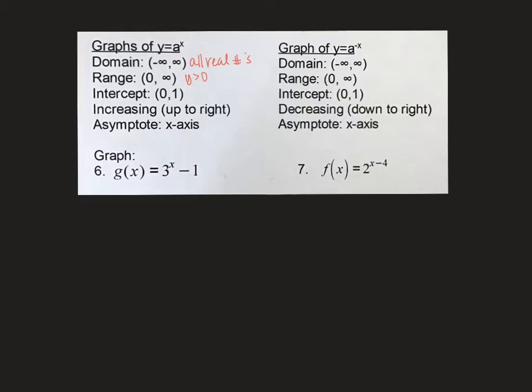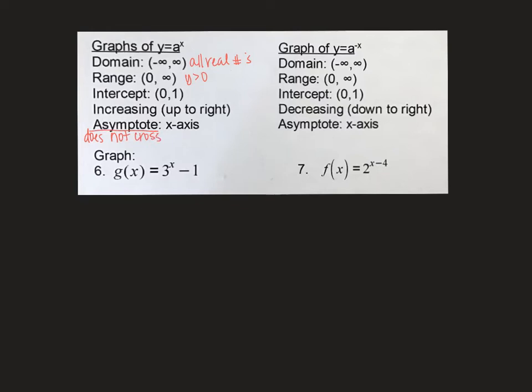We're going to have an intercept at 0, 1, so it's a y-intercept. It increases up to the right, so as we move right across the graph, our graph continues to go up in the y direction. And we have an asymptote at the x-axis. So remember, asymptote means that it does not cross. So it's not going to cross the x-axis.